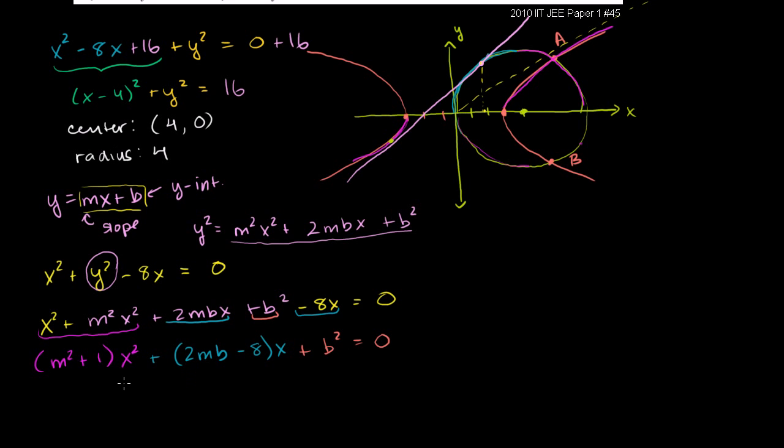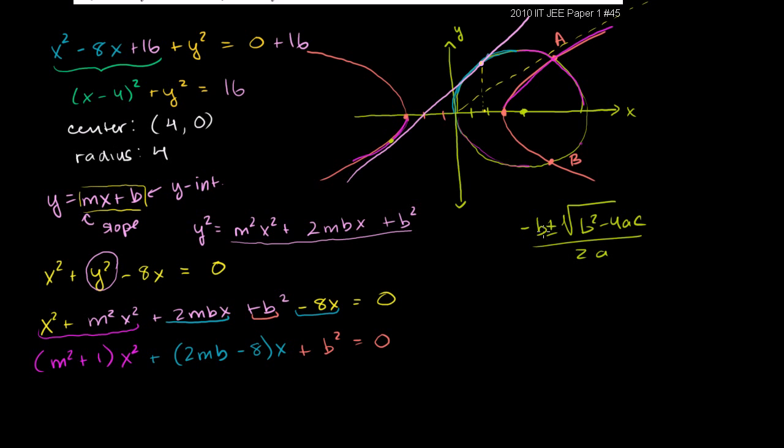So if we knew m and b, if we knew the equation of this line, this would just be a straight up quadratic. You could use the quadratic formula to figure out the x values where they intersect. Now, what's neat about this is we know that they only have to intersect in one point. Remember the quadratic formula: negative b plus or minus the square root of b squared minus 4ac, all of that over 2a.